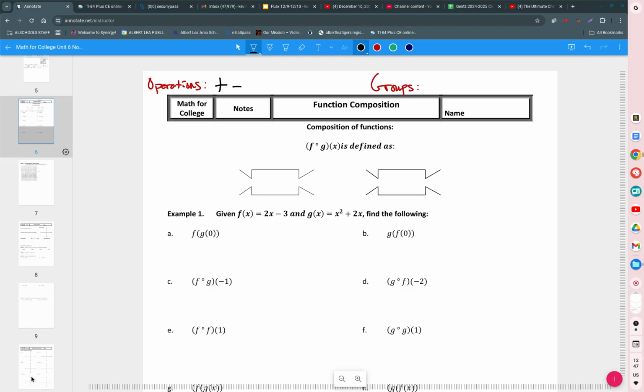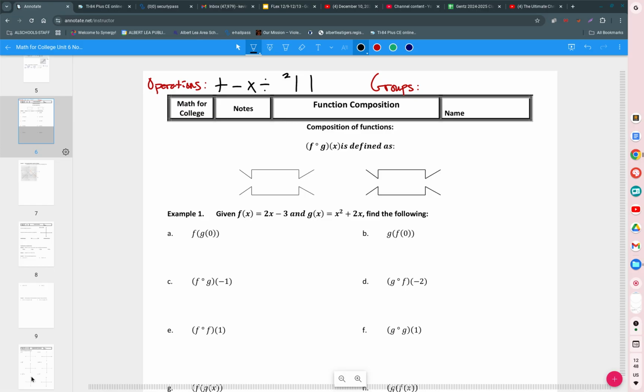Subtraction, multiplication, division. Can somebody else give me another operation that's not listed up there? Square something? Yeah.